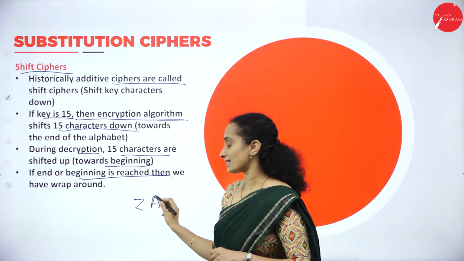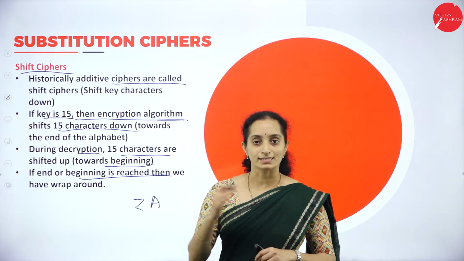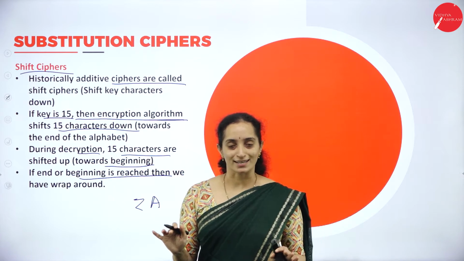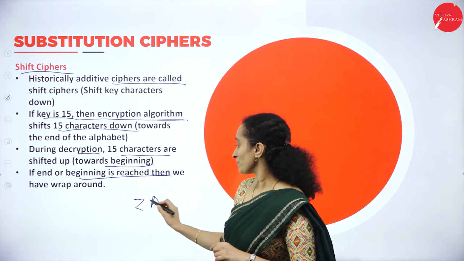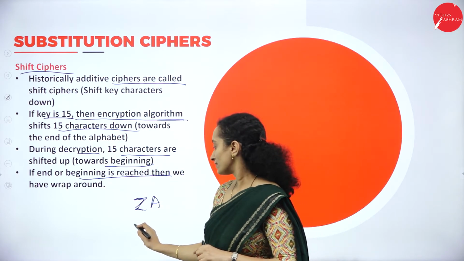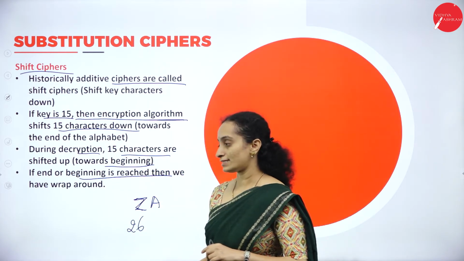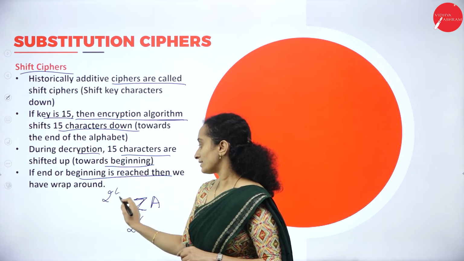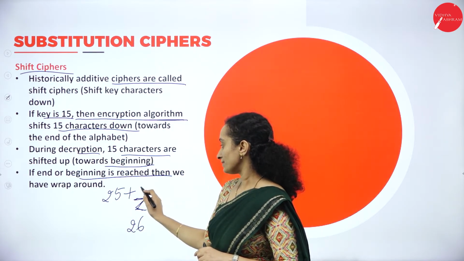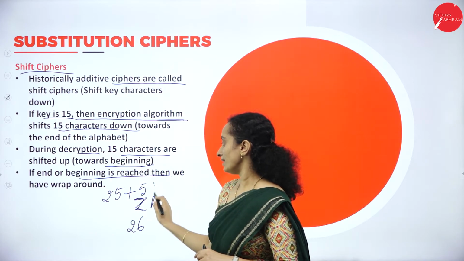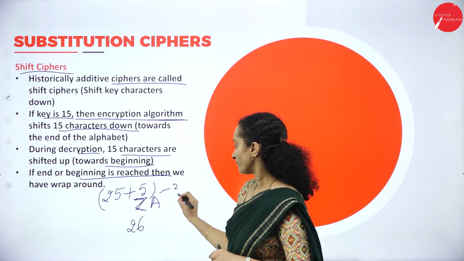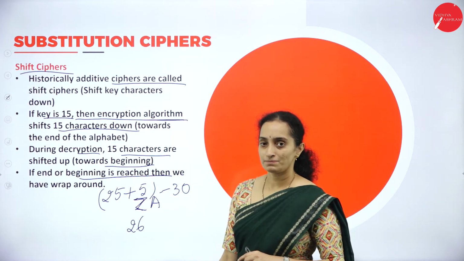We again start with A. If you have the integer value 25 plus 5 as the key, it will give you 30.